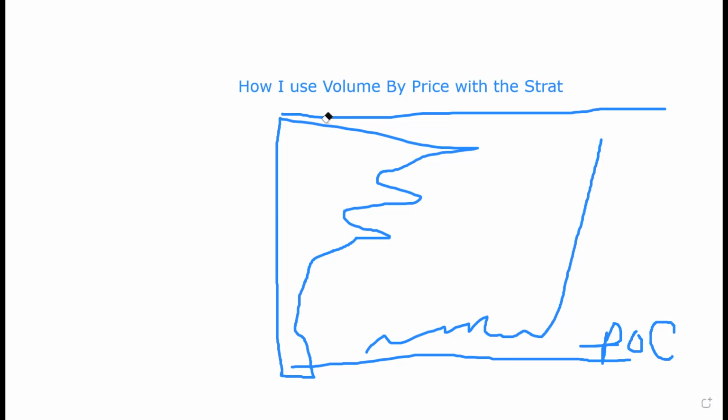Let's draw an example of how that would look through the short side. So let's say your histogram chart looks something like this.